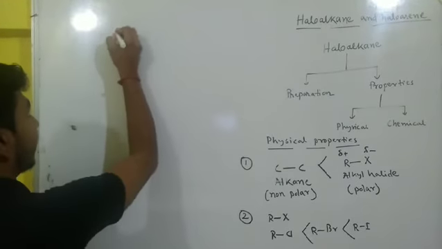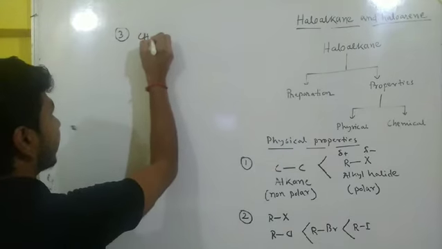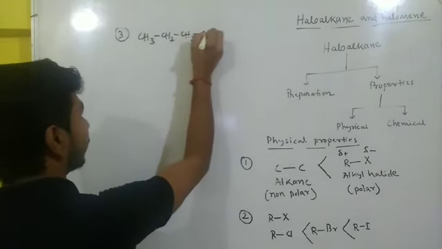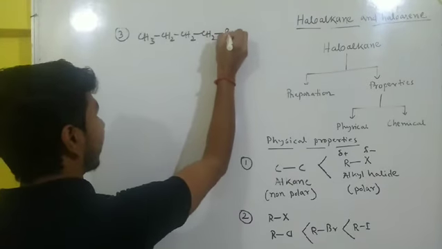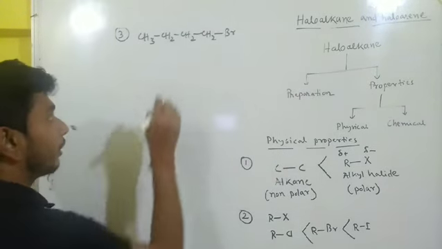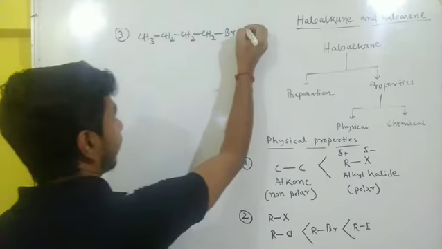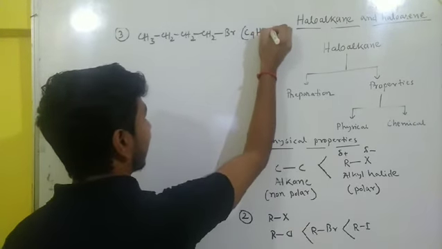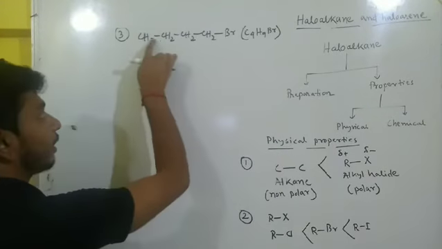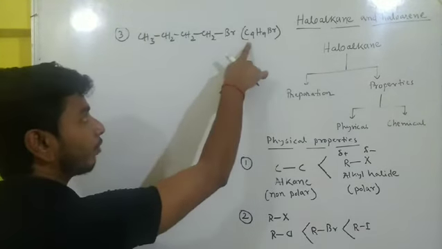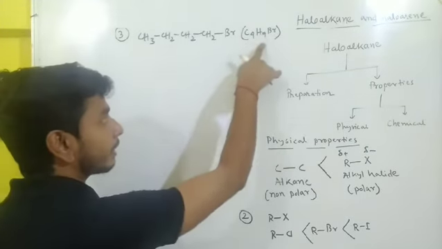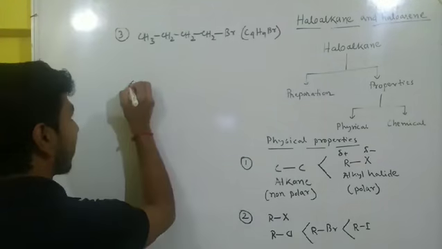Now next, number 3. Let's consider CH3, CH2, CH2, CH2, Br. It is an alkyl halide with molecular formula C4H9Br. There are 4 carbons and altogether 9 hydrogens, so C4H9Br.